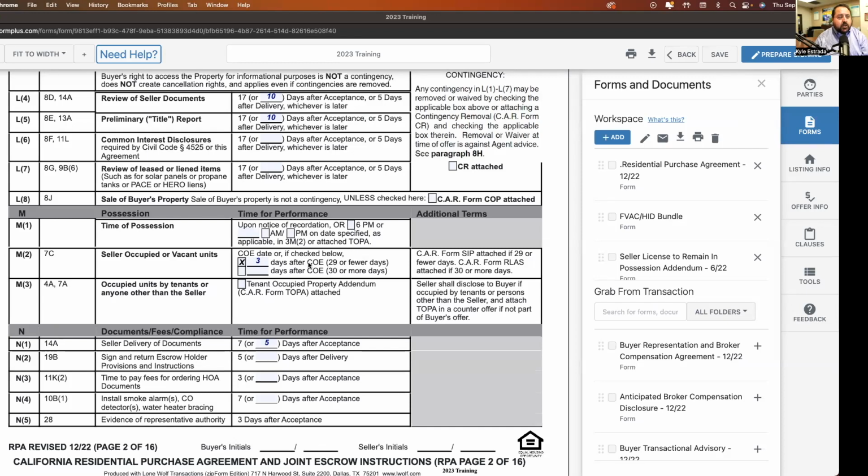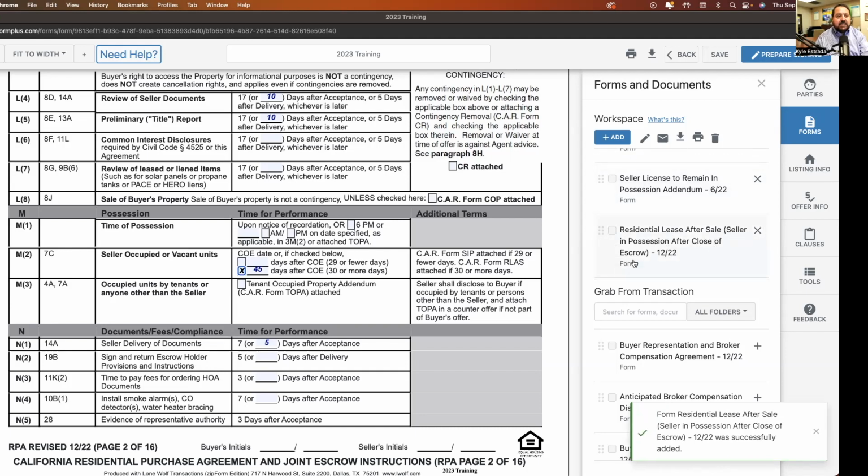So if you go to 30, you've got to move up to the RLAS. Okay, 3 days after close of escrow, I put the SIP in for 3 days after close of escrow. It's added. Let's say instead they need 45 days after close of escrow. It's going to add in the residential lease after sale.